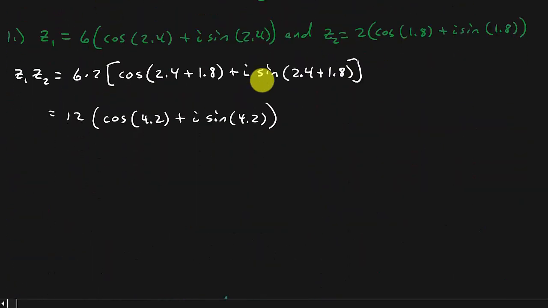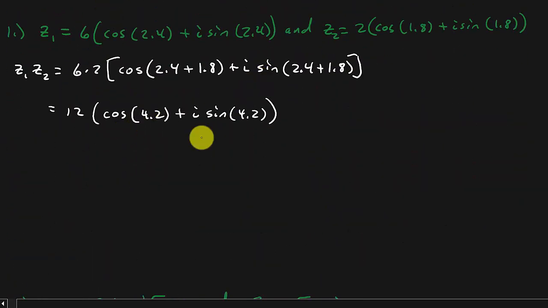So we'll plug this into your calculator. I'm just doing 12 times cosine of 4.2. I'm putting that in my calculator. That is negative 5.88. And then 12 times sine of 4.2, that's going to be negative 10.46i.